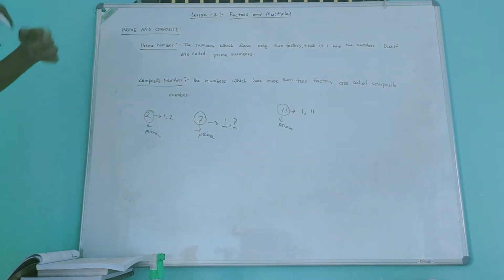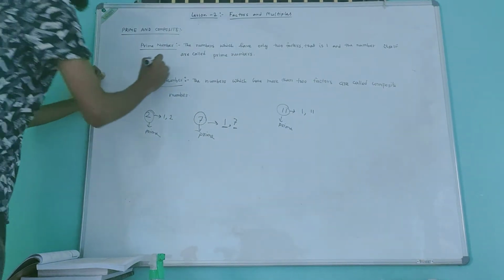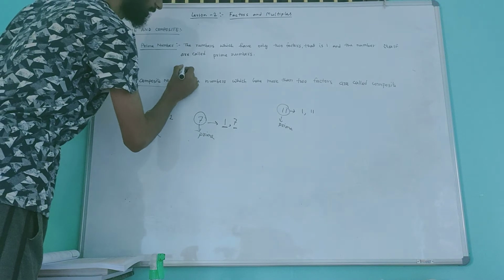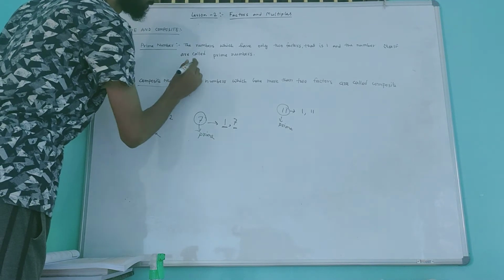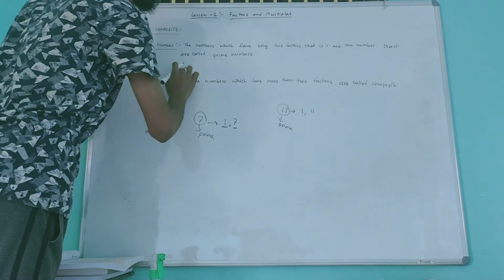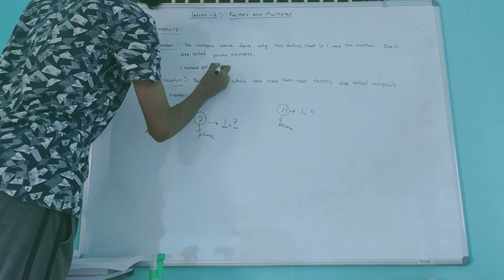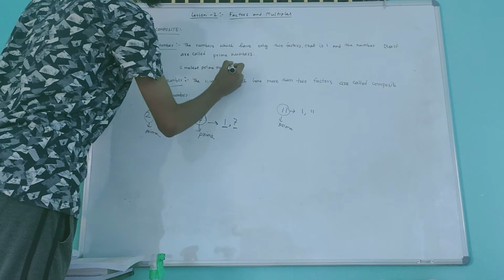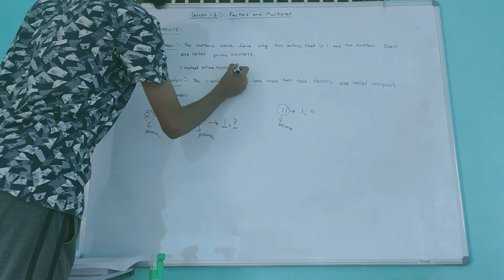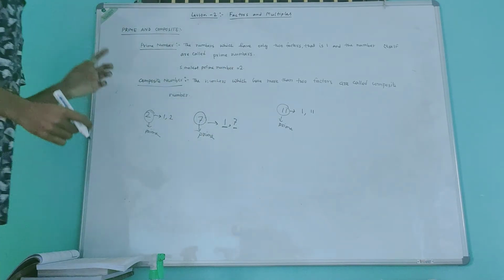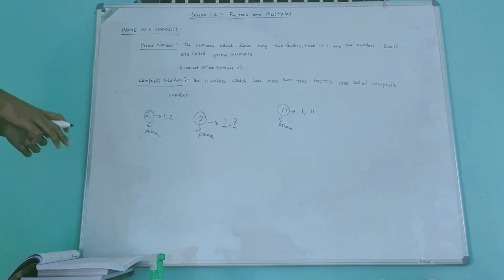And you have to remember that the smallest prime number is 2. It's not 1, it's 2.